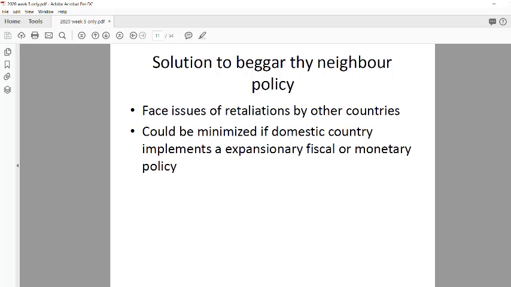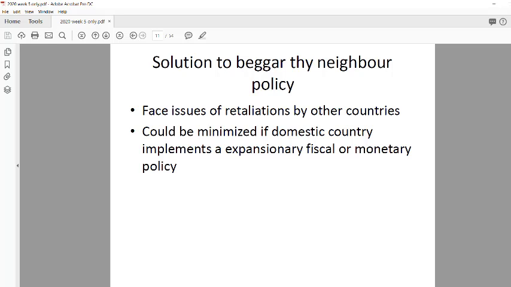So any expansion of fiscal policy or monetary policy would help combat that. And you can read up on this in your macro, and there's a graph here that explains it. You're welcome to go and read on the theory about that. So, on the idea of increasing employment, expansion of fiscal and monetary policy will help to combat that.